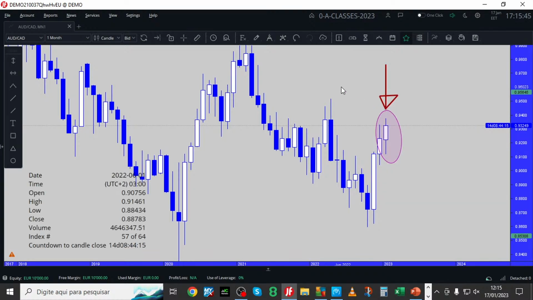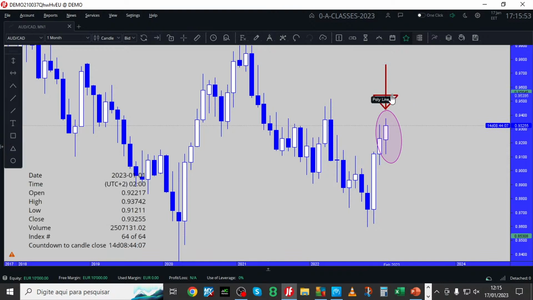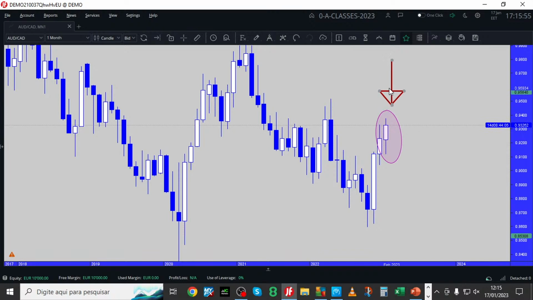Hedge fund trader Simi, hedge fund trader Ala, hedge fund trader Mike, hedge fund trader Julius, hedge fund trader Shola, is this candle, arrow pointing at, a high or no? Type in the chat, yes, it is a high, or no, not a high. What do you think?